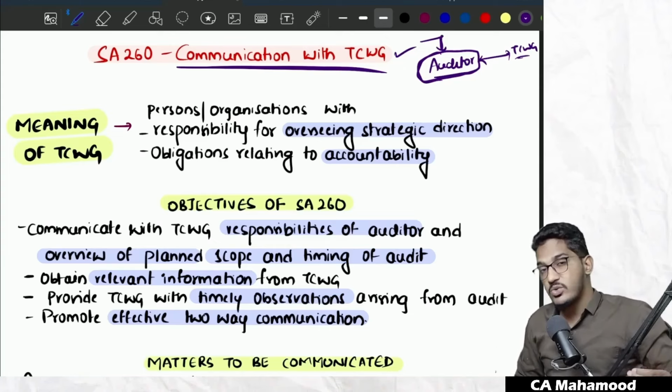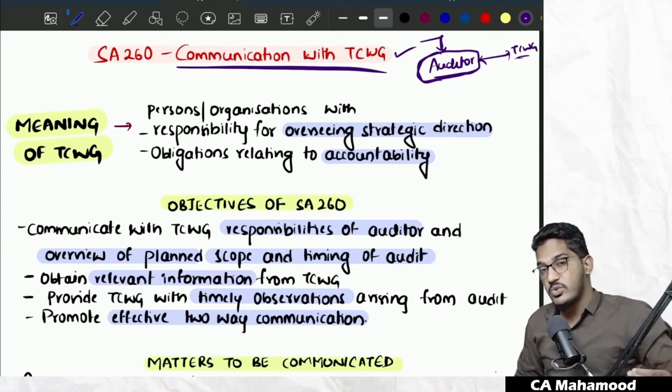See, SA 260 does not talk about the responsibilities of those charged with governance. Standards on auditing talk about the auditor's responsibility, not the responsibilities of management and those charged with governance. So SA 260 is going to tell us certain matters which the auditor has to communicate with those charged with governance, so that there will be effective communication happening between both the parties.